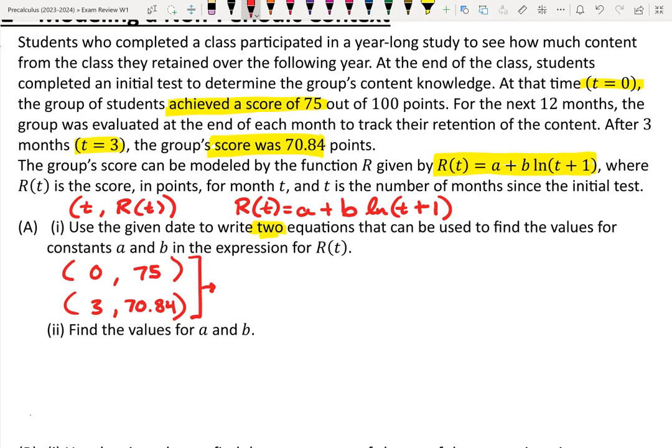It's r of t equals a plus b natural log of t plus 1. What's the first r of t value? So we write 75. Remember, we don't know a and b, so we just write a and b. What's the first t value? So 0 plus 1. There's our first equation. We got one of the 2.